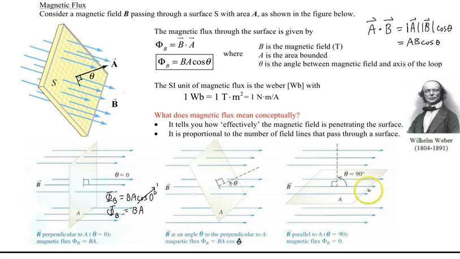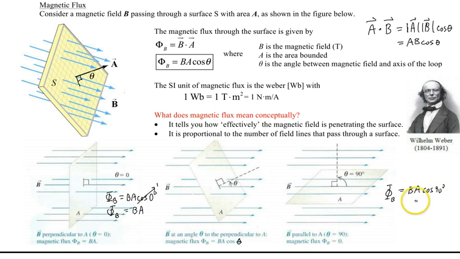And in our last case shown over here, we see the magnetic field lines are parallel to the loop. The magnetic flux in this case turns out to be equal to 0. Let's go back to our formula. Phi sub B equals BA cos of the angle between the B field and the normal. And in this case, that will be 90 degrees.